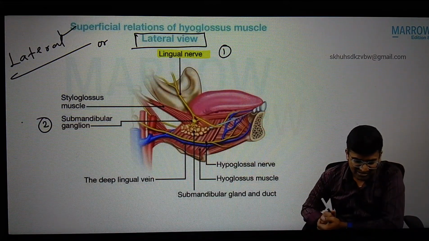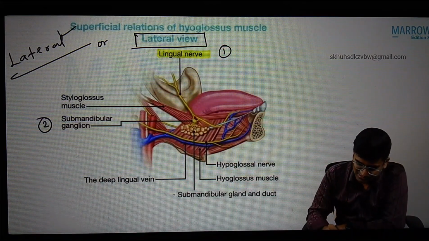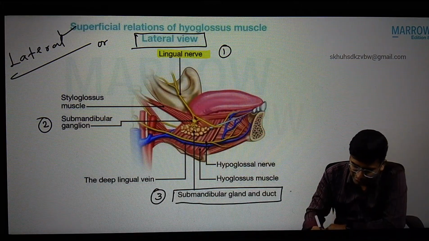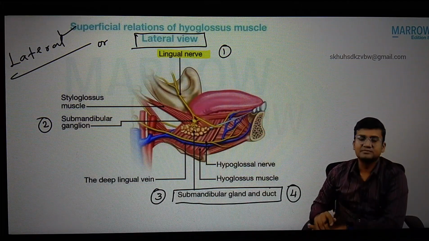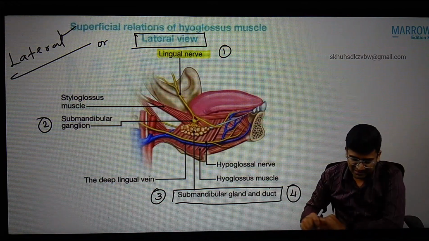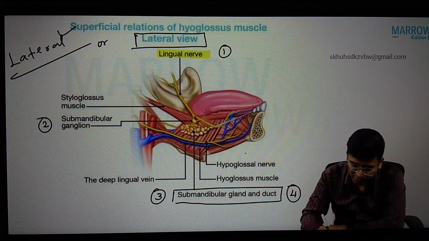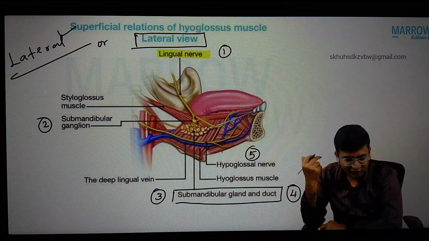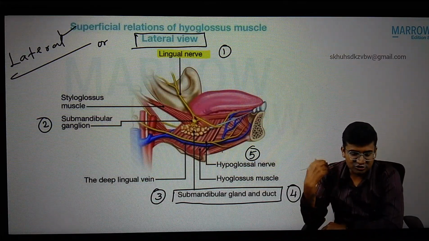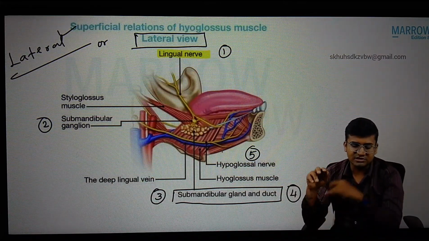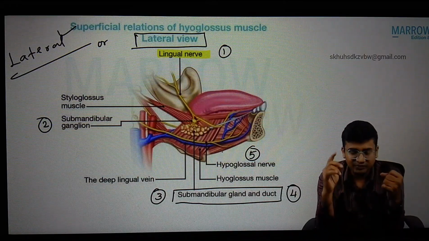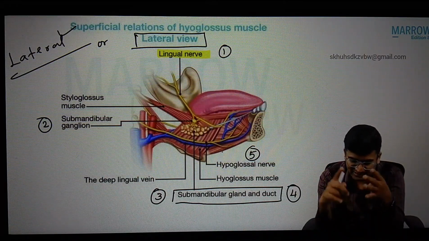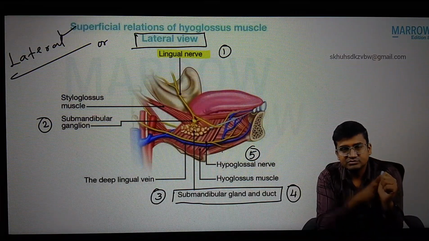And from the submandibular ganglion, we have the submandibular gland and submandibular duct. And close to the greater horn of the hyoid bone, we have the hypoglossal nerve. So these are the 5 structures present superficial or lateral to the hypoglossus muscle: lingual nerve, submandibular ganglion, submandibular gland, submandibular duct, and the hypoglossal nerve.